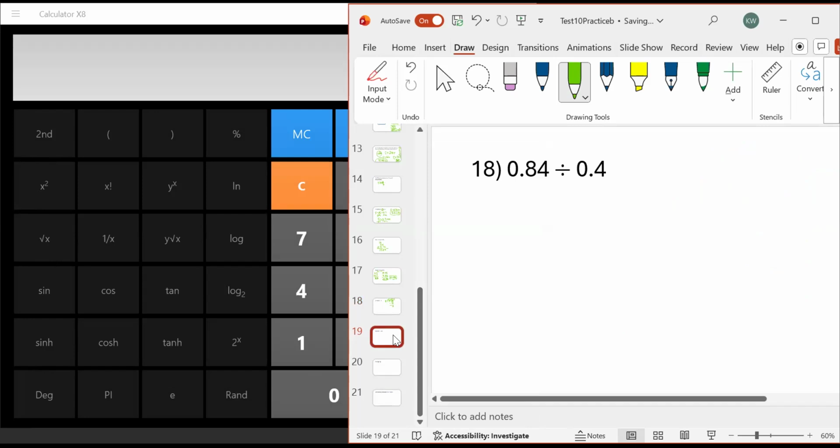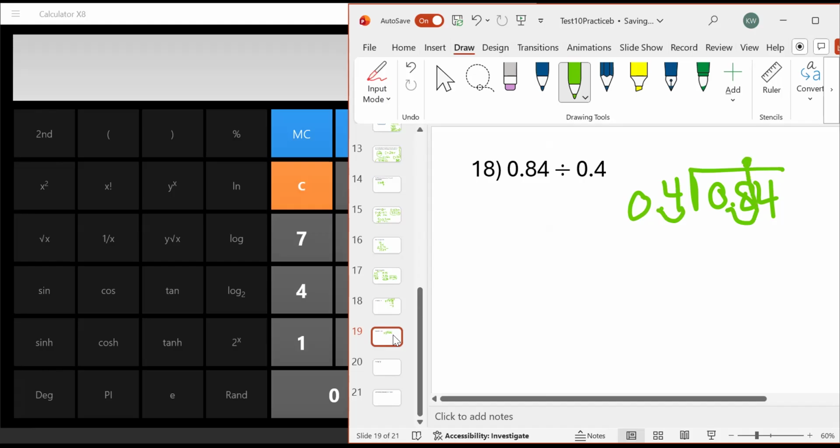We've got 0.84 divided by 0.4. So I'm going to do that as long division again. 0.84, 0.4. All right. I'm going to move the decimal place over one spot.